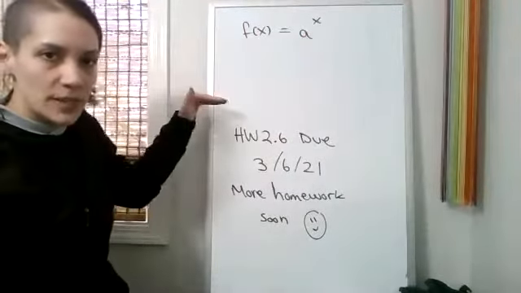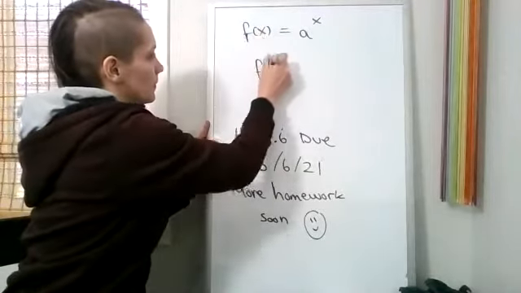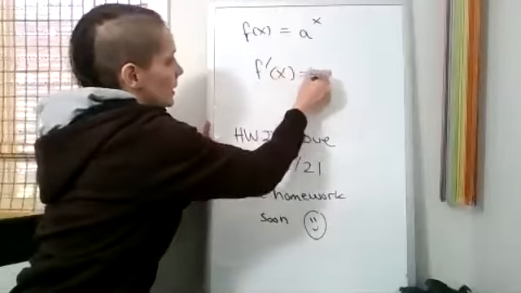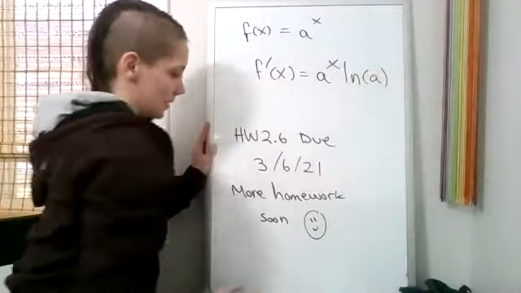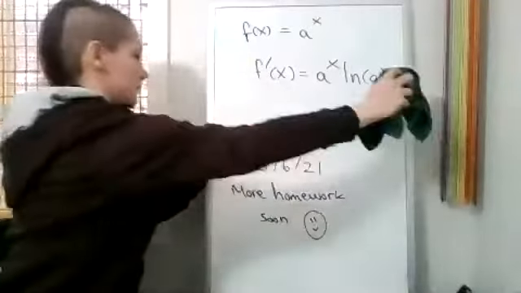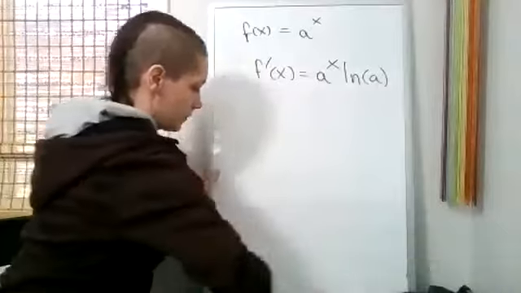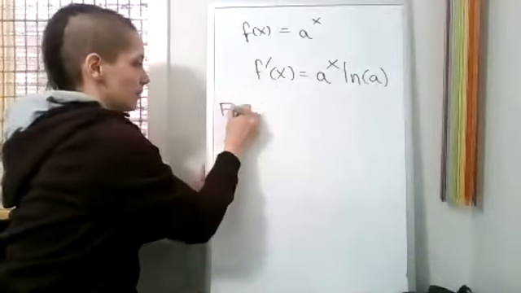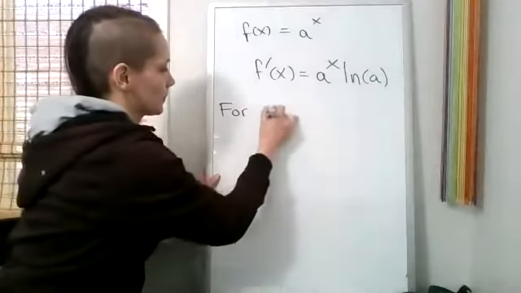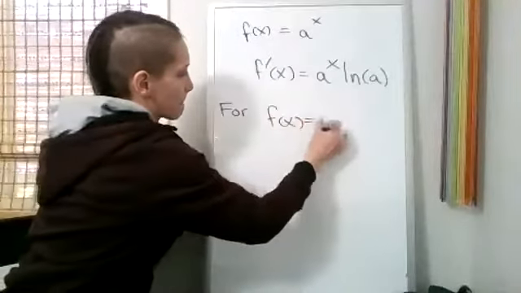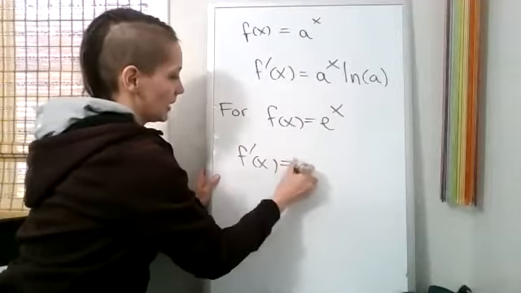And then we did the derivative f prime of x would be a to the x ln of a. For the function e to the x, we did the derivative and got e to the x.